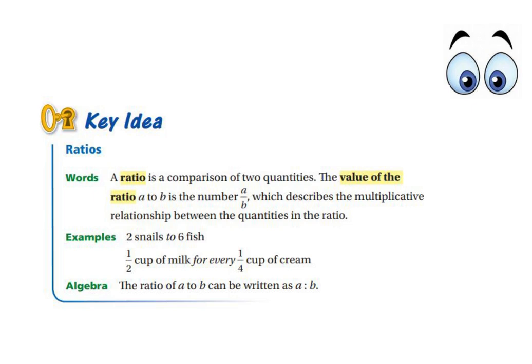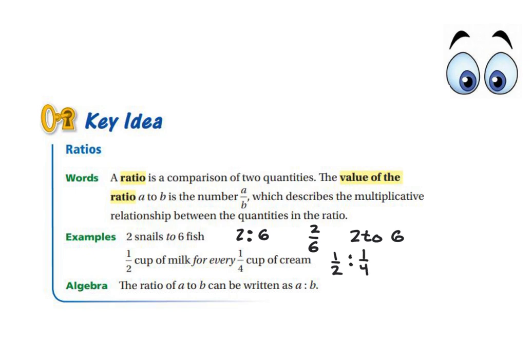2 snails to 6 fish. That could be written 2 to 6, or 2 over 6, or 2:6. 1/2 cup of milk for every 1/4 cup of cream. That could be written as 1/2 to 1/4.